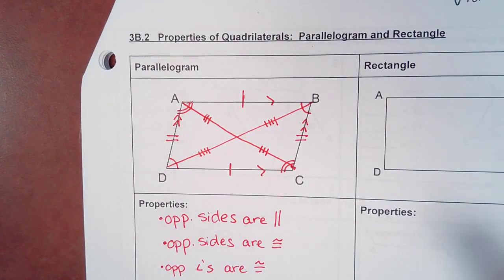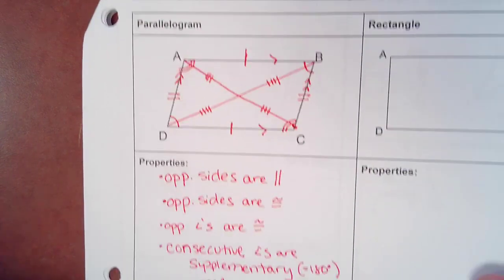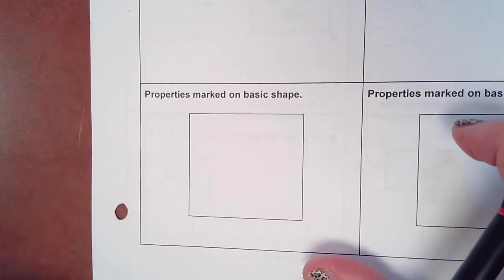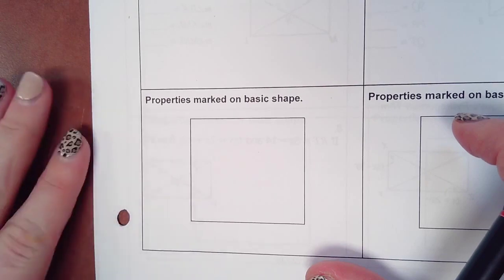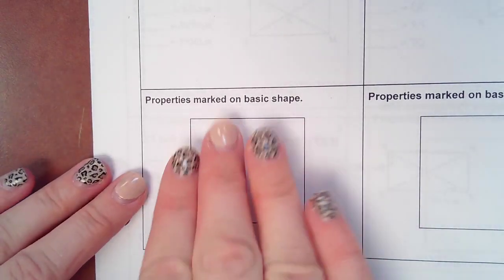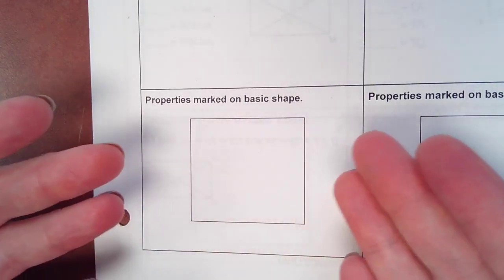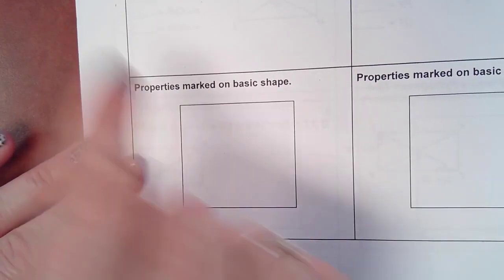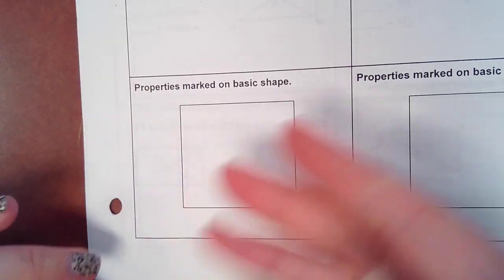We will also be tasked with being able to apply all of these key properties on a basic shape. So if I go through my list, I should be able to draw it on this basic shape. Looks like a square. However, if I drew all of these on here, you should be able to identify that it is a parallelogram by its properties.